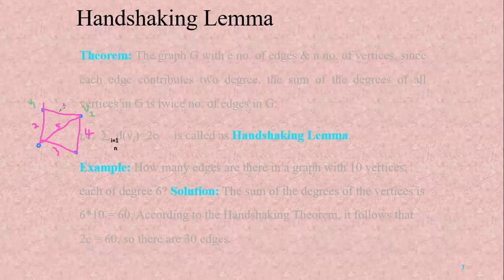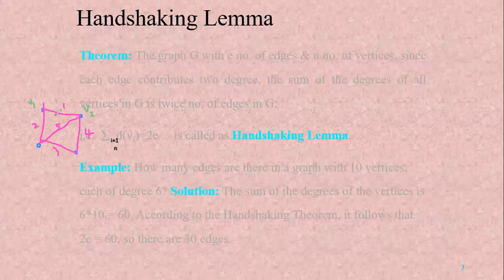Therefore, we can easily calculate the sum of the degrees. The sum of degrees of vertices is equal to the number of edges times 2, because every edge contributes 2 degrees. How many edges are there? 5 edges. Therefore, 5 times 2 is 10. The sum of degrees of vertices is equal to 10.